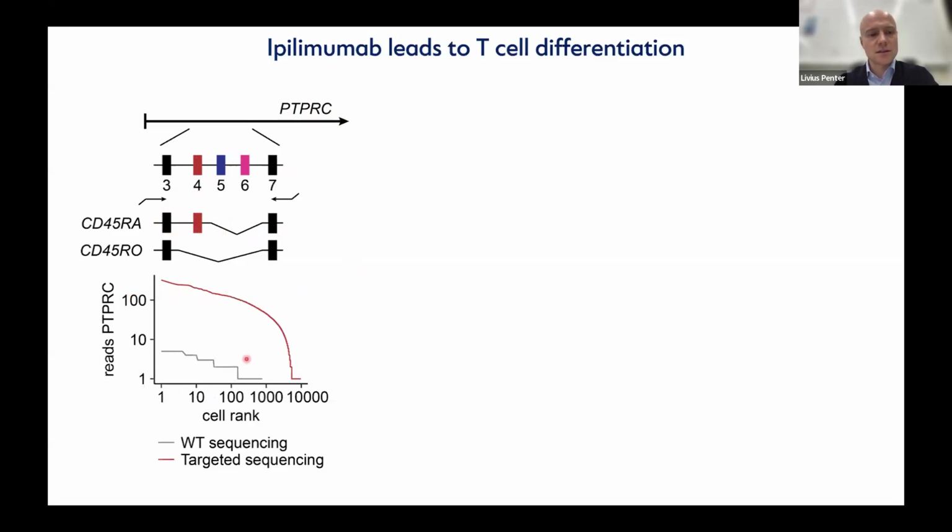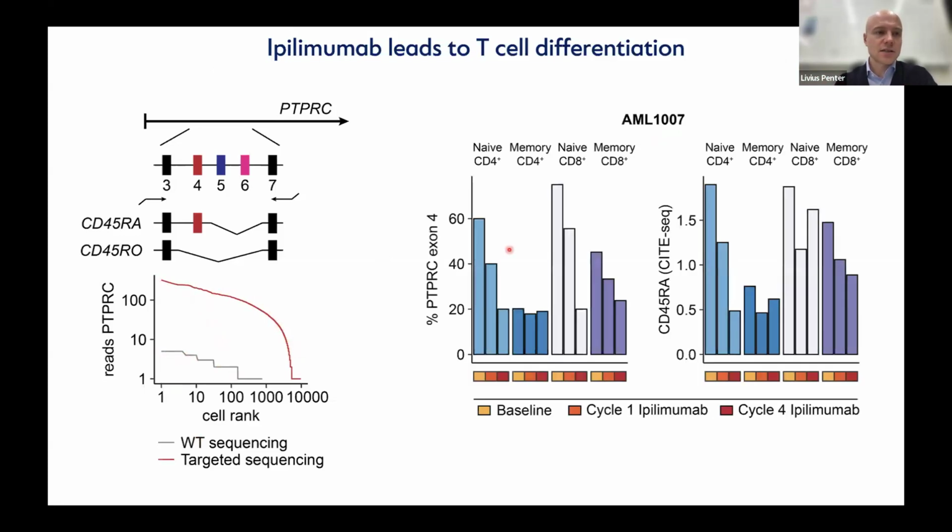So in this knee plot, you can see if you just perform long-read sequencing on the whole transcriptome amplified cDNA, you only capture a few cells. But if you now do targeted sequencing using NanoRanger, you can get thousands of cells and look at their CD45 expression. And this works remarkably well.